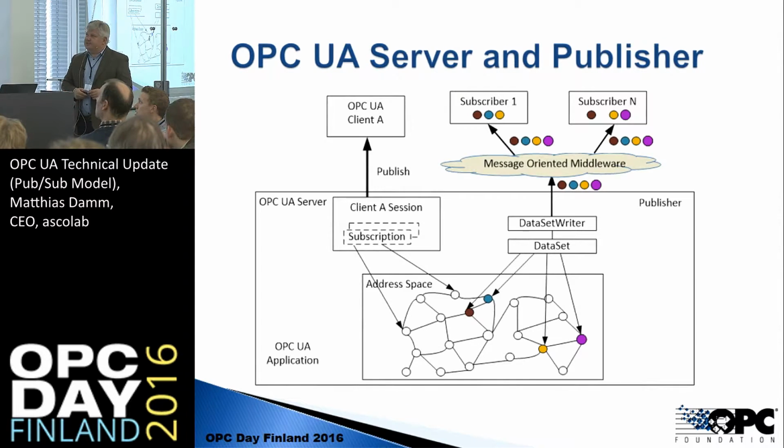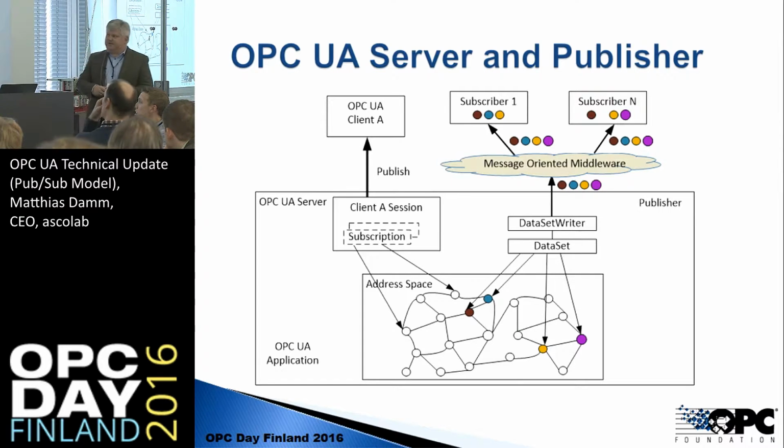And so the concept for the PubSub extension, publish subscribe extension, is that the information that is collected and then sent out as messages through a middleware is configured independent of the receivers. So somebody decides this information needs to be sent out, and then the middleware takes care of the distribution.